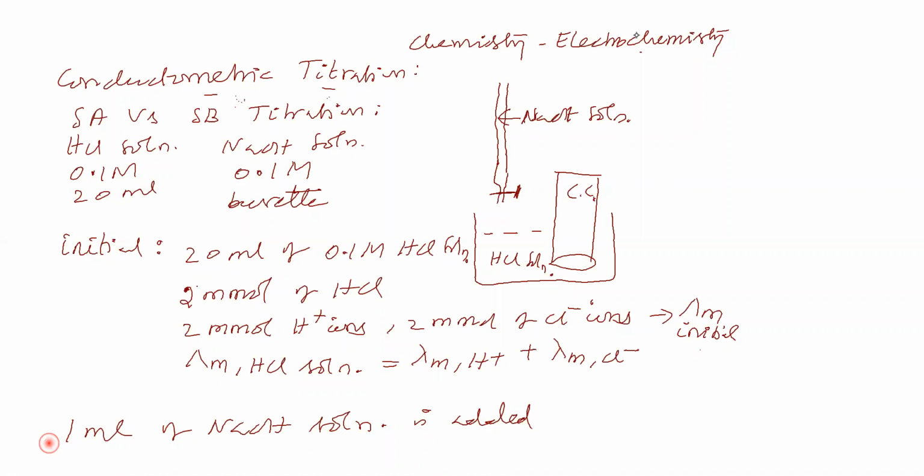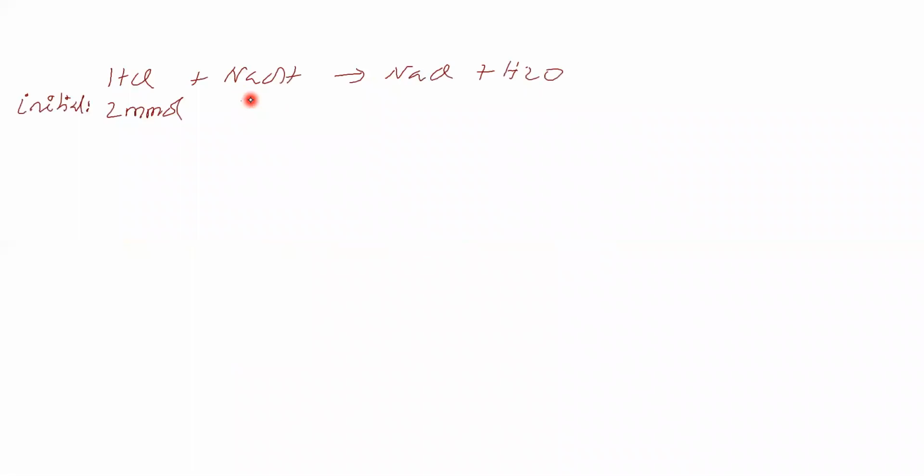If you multiply the volume of sodium hydroxide solution and its concentration, you will get the millimoles of sodium hydroxide added. 1 ml times 0.1 molar gives 0.1 millimole of sodium hydroxide added.